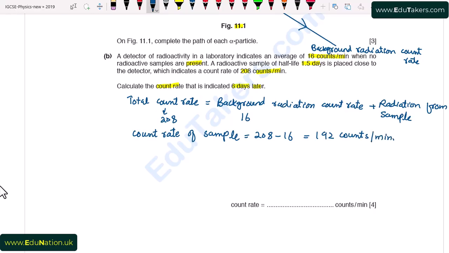Next we have to find out the total number of half-lives. So I write here total number of half-lives will be equal to the total time divided by half-life.